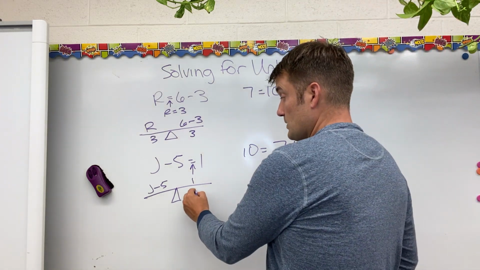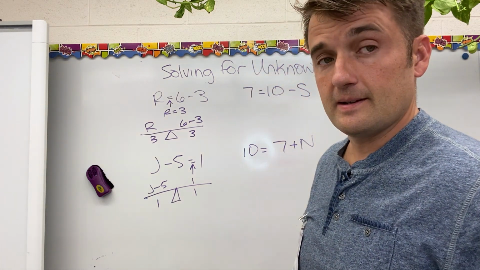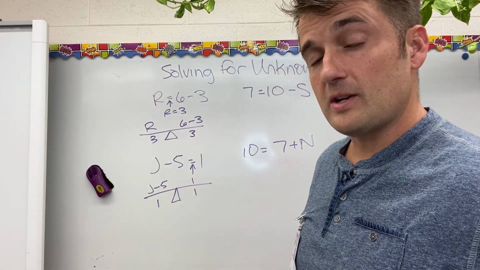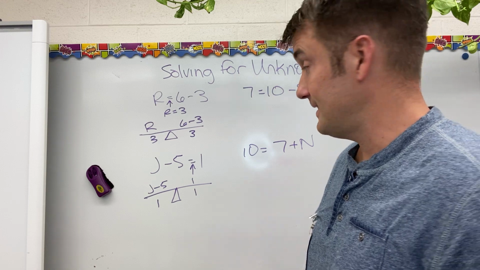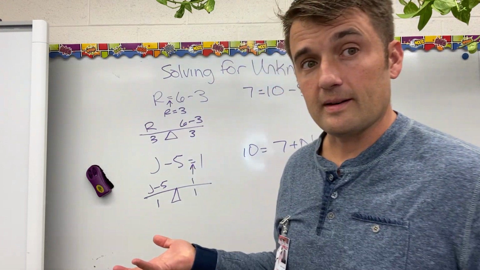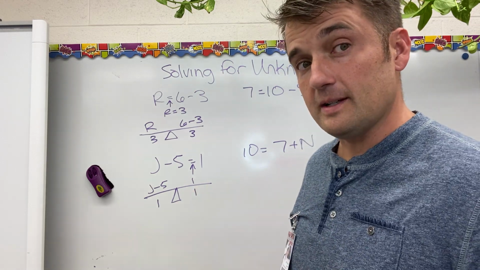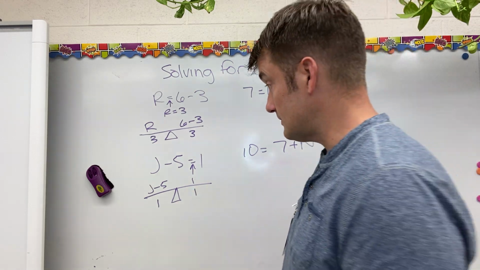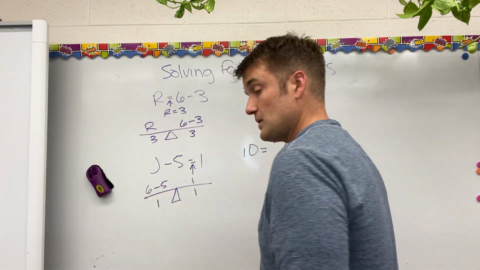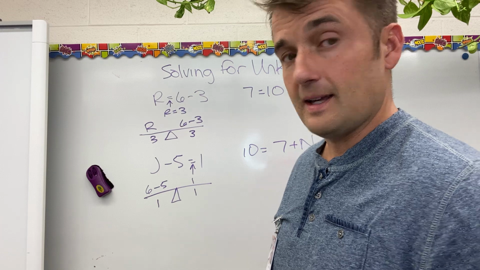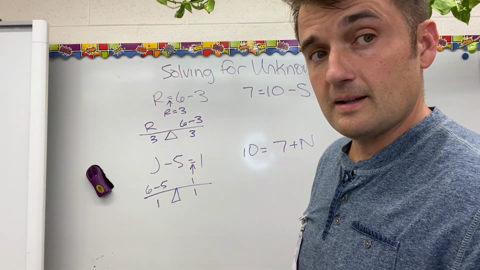So if this side is 1, this side also has to be 1. So now I just have to think about how can I make something minus 5 equal 1? Well, if something minus 5 has to be 1, then this has to be 6. Because 6 minus 5 is 1. And now this works out. 6 minus 5 is 1. Okay?